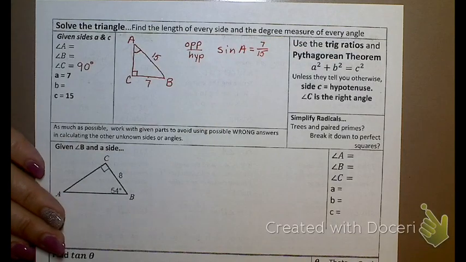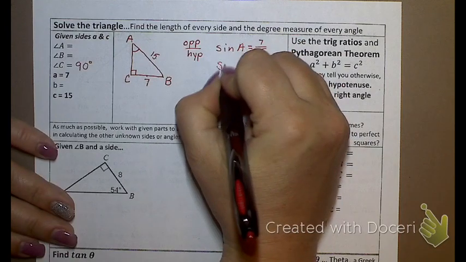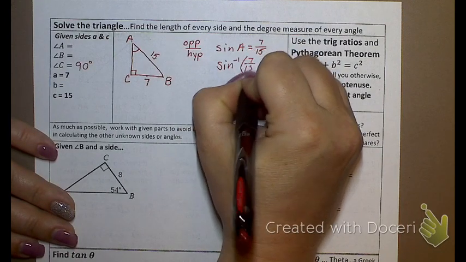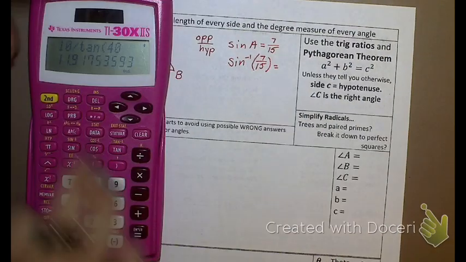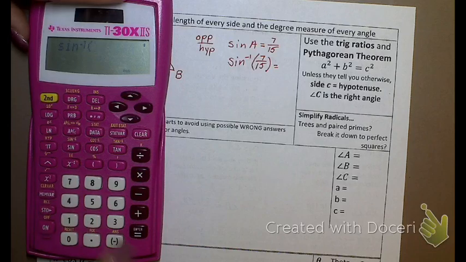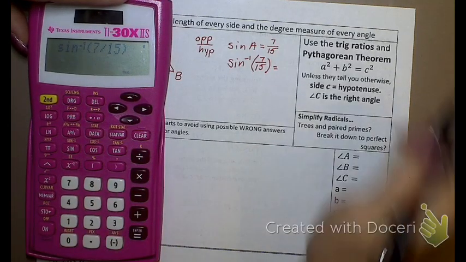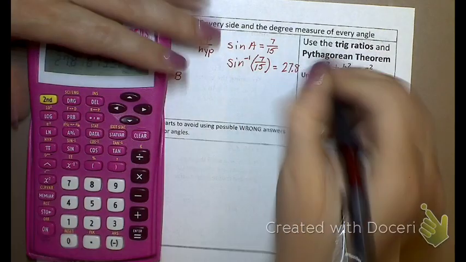Now, how do I find angle A? Wouldn't it be the inverse sine? Yep, I have to use my inverse sine, and I'm going to type in 7 over 15 because that's the sine ratio. That will give me my angle. So second sine of 7 over 15 gives me 27.8. And how am I going to label that?